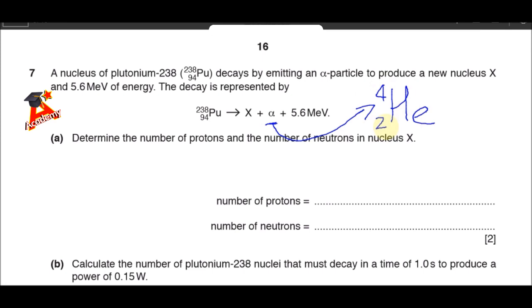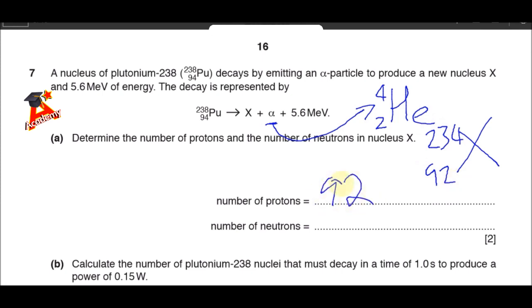What is left over after removing 4 from 238? We are left with 234. This is the nucleon number. What about the proton number? From 94 we have removed 2, so we are left with 92. That's the proton number. So the number of protons is 92.